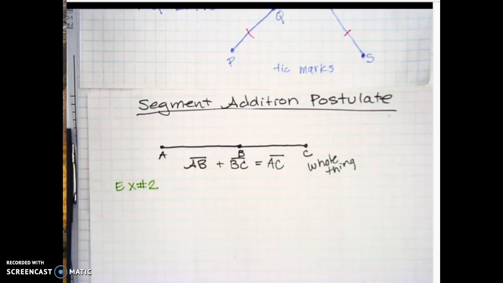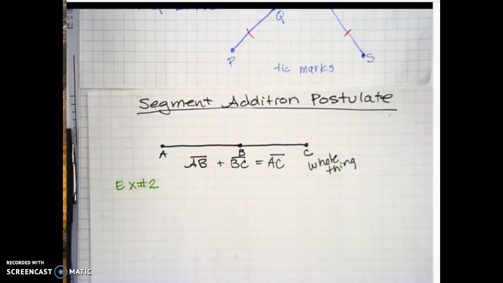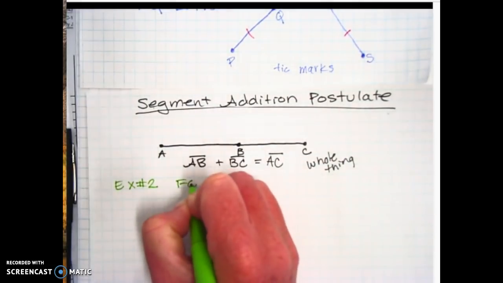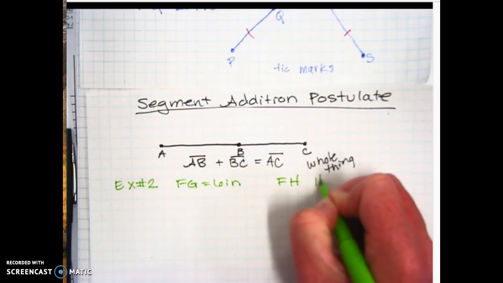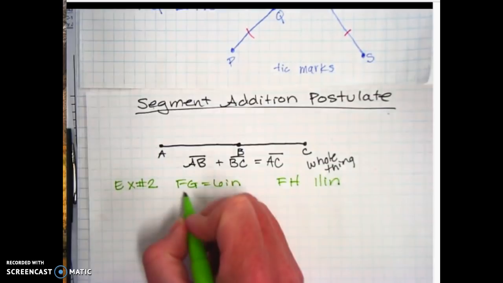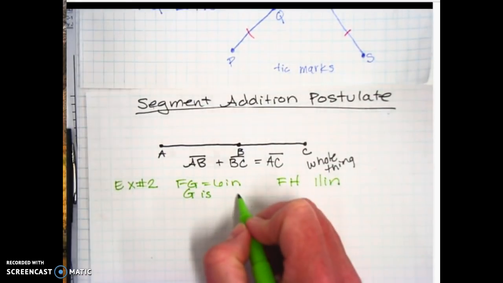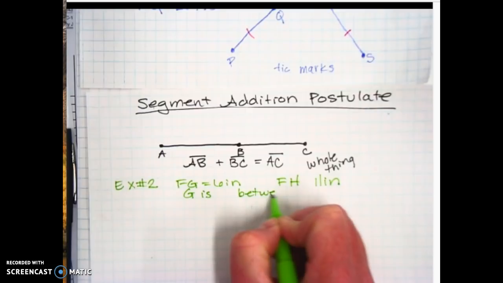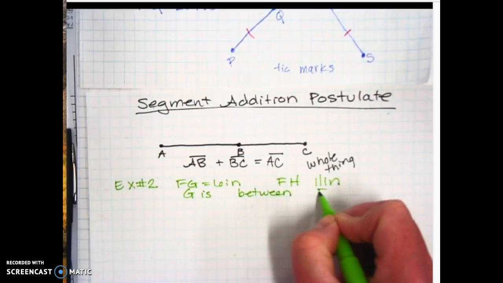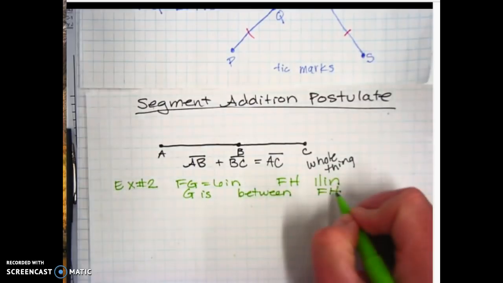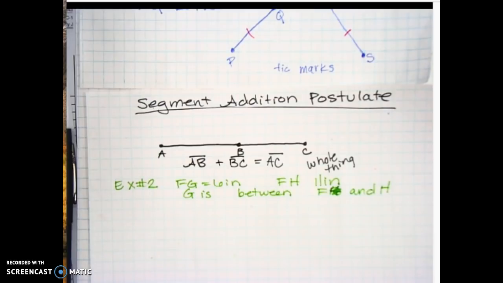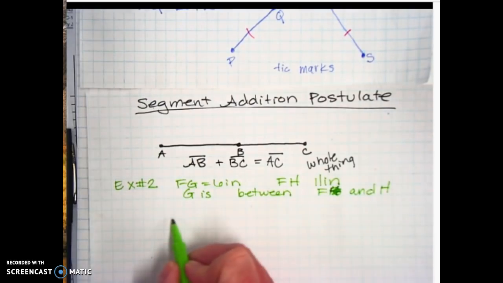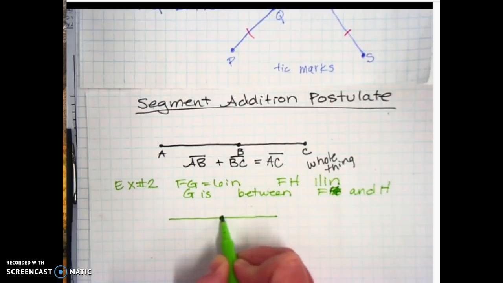Guess what we're going to add? 2 segments, okay? So we're going to say that segment FG is 6 inches and FH is 11 inches. G is going to be between F and H. I meant to say F and H. So if G is in between them, when we draw it, we're going to put G in the middle somewhere.